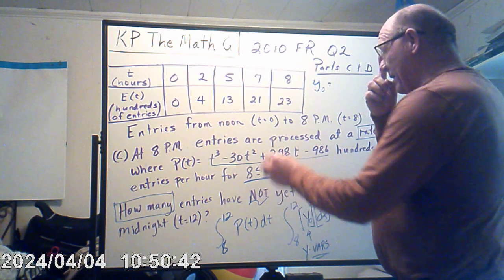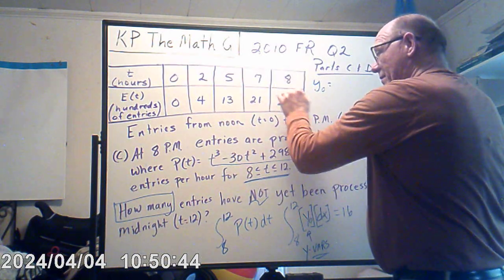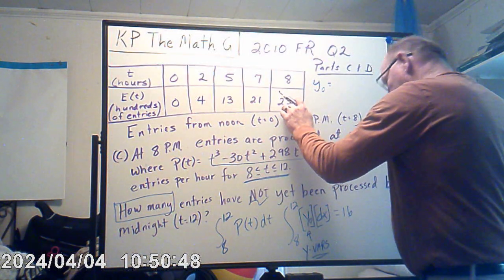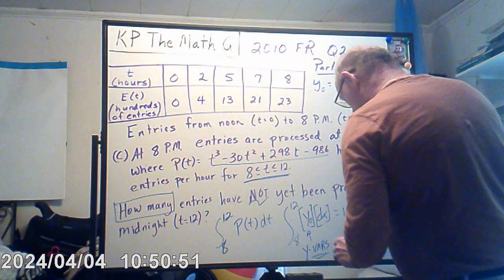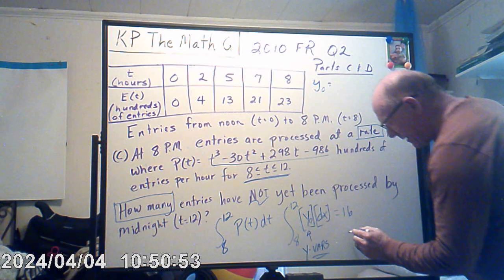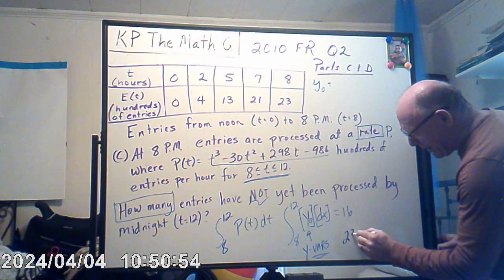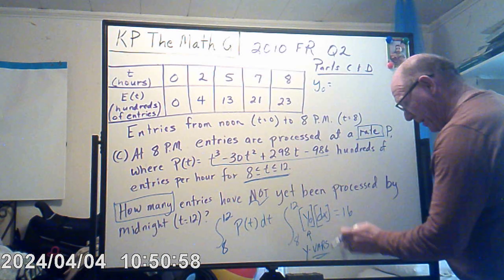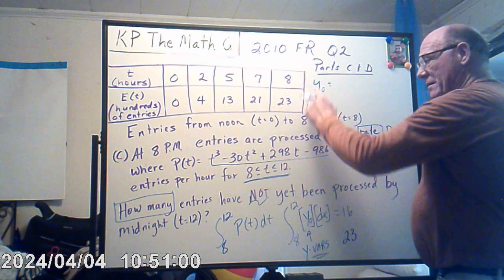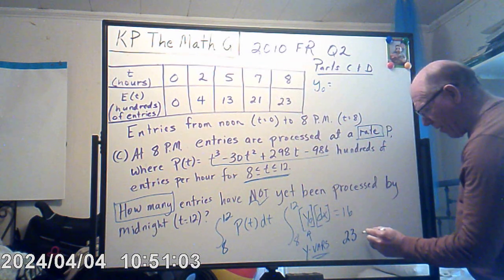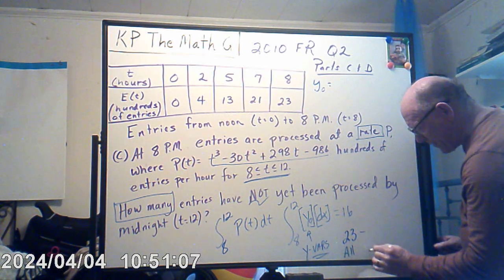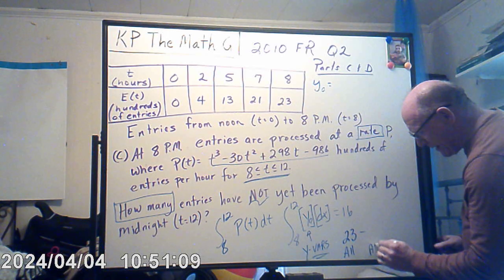So anyway, if I look back here at the number of hundreds of entries, 23. You don't have to write out 2300, but it is in hundreds. So 23 hundreds of all the entries, minus those that are processed.